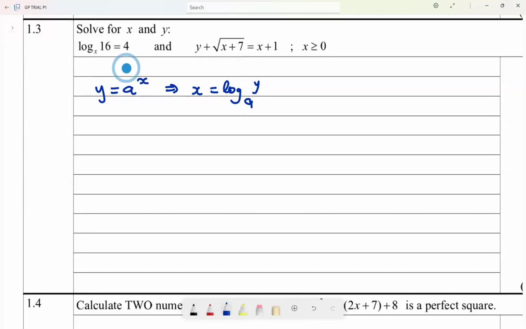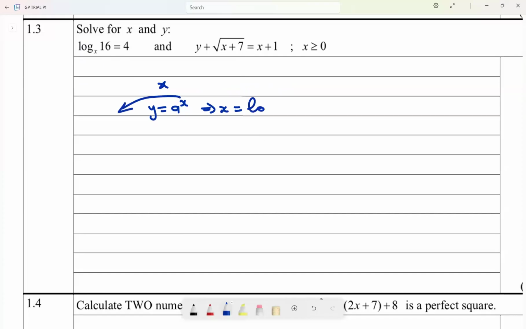Yes. So in this case now, we are having log x 16 is equal to 4. So when I want to change this and let this x become the x, remember the x will always be the base. Now remember I said if you want to move from y is equal to a to the power of x, and then when you're solving for x, you just say x is equal to, you drop x, and then you introduce log, and then a to the power of y.